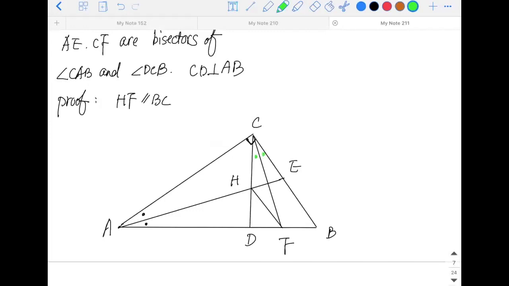Okay, so there are two bisectors. And also CD is perpendicular to AB, the height on the hypotenuse. With all that information, the question asks you to prove HF, which is the red one, is parallel to CB.